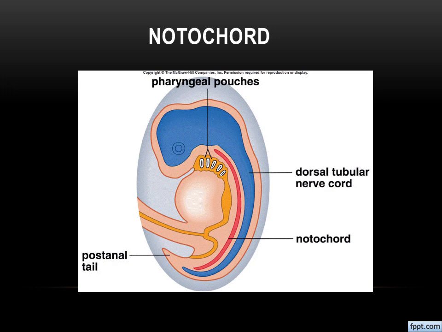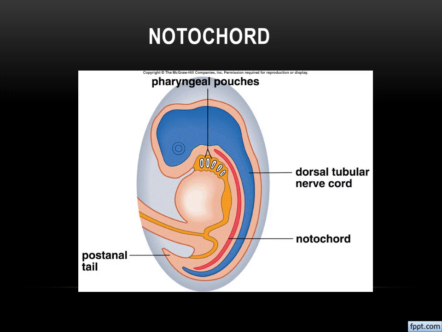This notochord will be developed as a backbone for higher chordates. For some organisms in the kingdom Animalia, the notochord will remain throughout life. But for higher chordates, the notochord will be converted into a backbone. Understand?